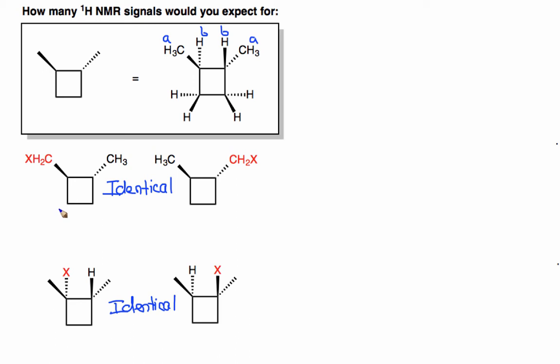From there, let's think about these two hydrogens on that CH2 group. It's easy for people to want to say, well, these two hydrogens are on the same carbon, they must be chemically equivalent. But are they really? Let's take a look at it and see.